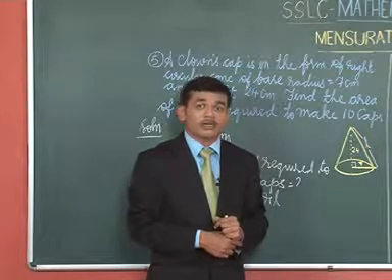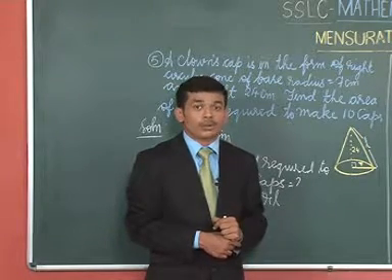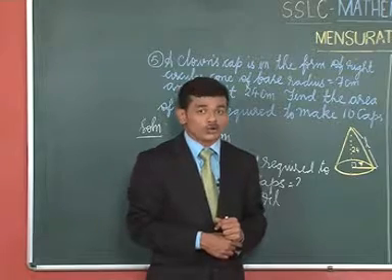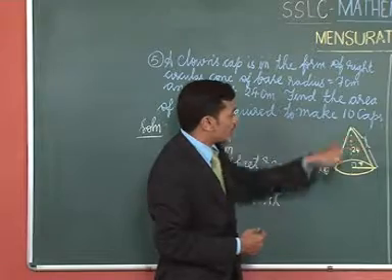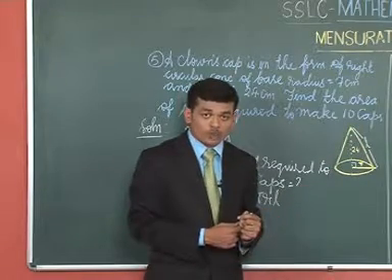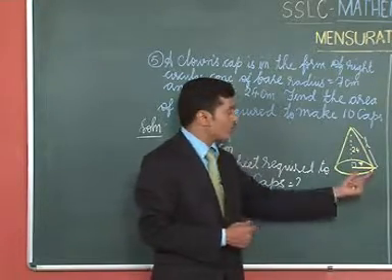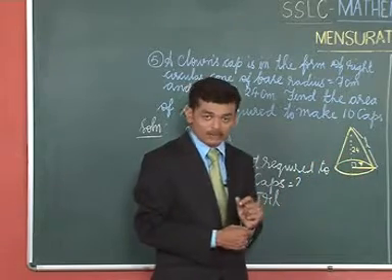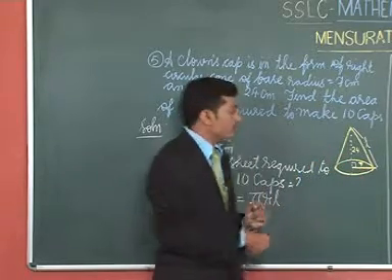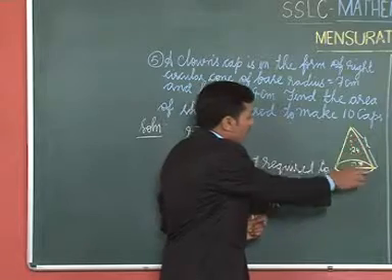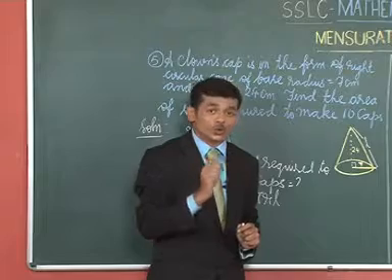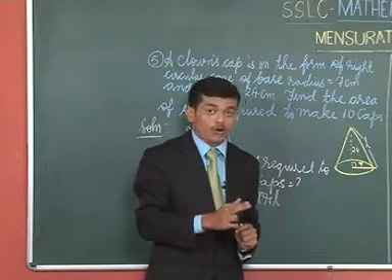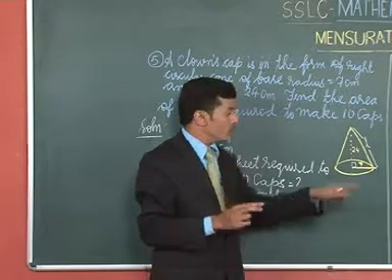Yes, it can be calculated by the Pythagoras theorem. According to the Pythagoras theorem, the length of the hypotenuse in a right angled triangle is equal to the square root of the sum of the squares of both the sides.